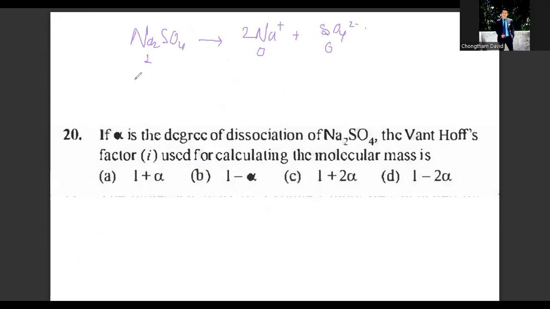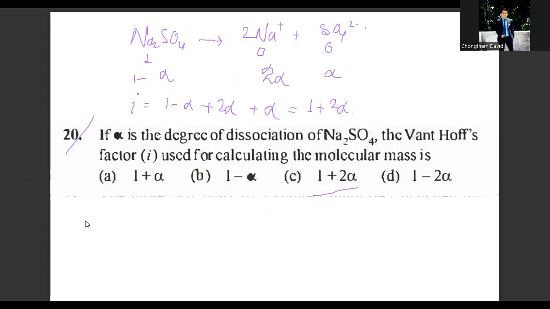After dissociation, this would be 1 minus alpha, this would be 2 alpha, and this is alpha. Degree of dissociation is alpha. So i is 1 minus alpha plus 2 alpha plus alpha, which equals 1 plus 2 alpha. The answer for this question is 1 plus 2 alpha.